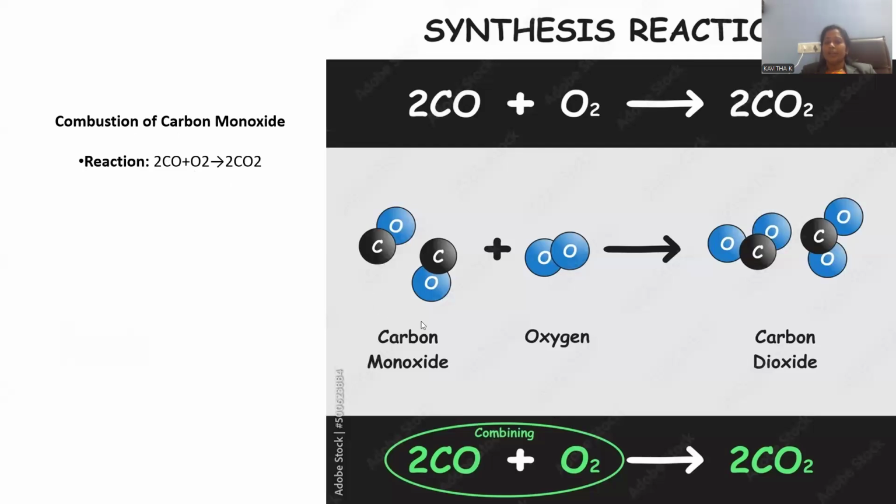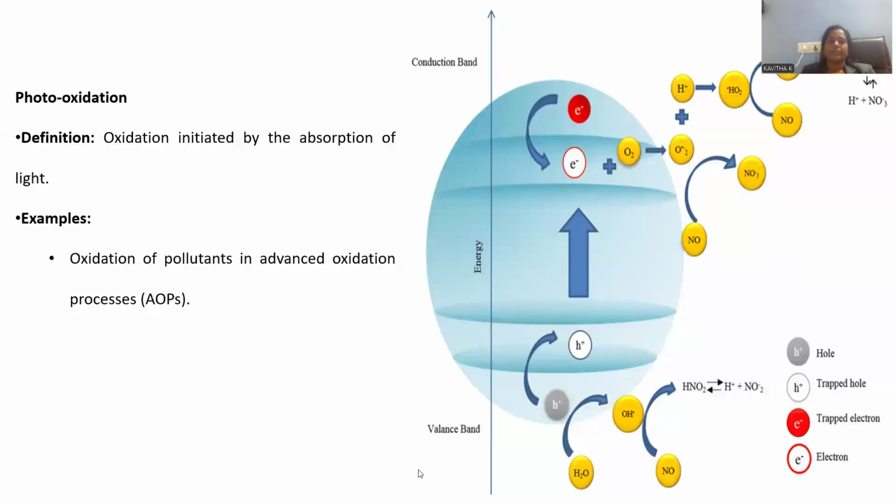Carbon monoxide is a triple bonded molecule between carbon and oxygen, which can be blended with the oxygen molecule, and there is a provision for the formation of molecular carbon dioxide. This is the way we can generate carbon dioxide, somewhat safer in comparison to carbon monoxide.